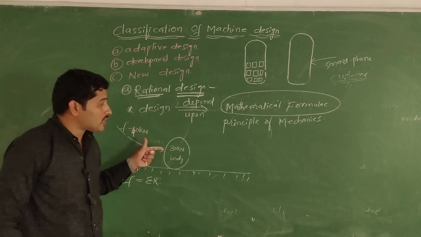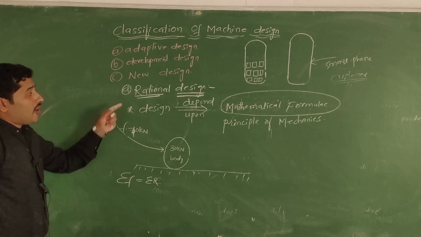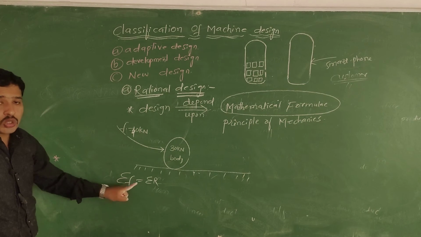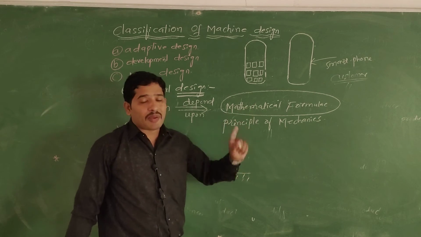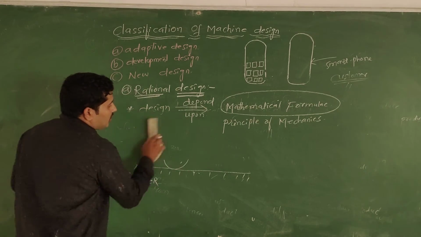For that reason the body moves from one place to another place. So we discussed the rational design. How much external force is applied on the object, due to which the body changes its position, based on the principle of mechanics we are using. Okay, so this is known as rational design.